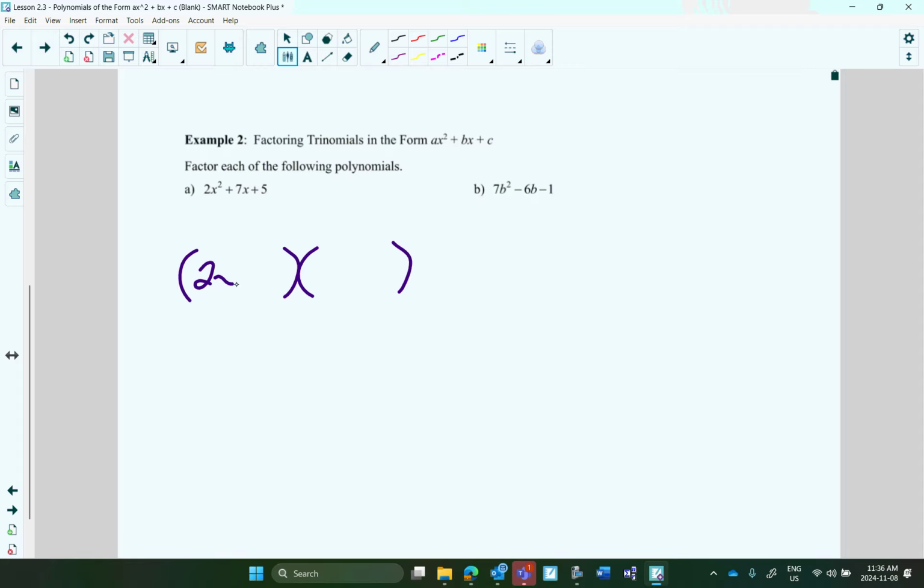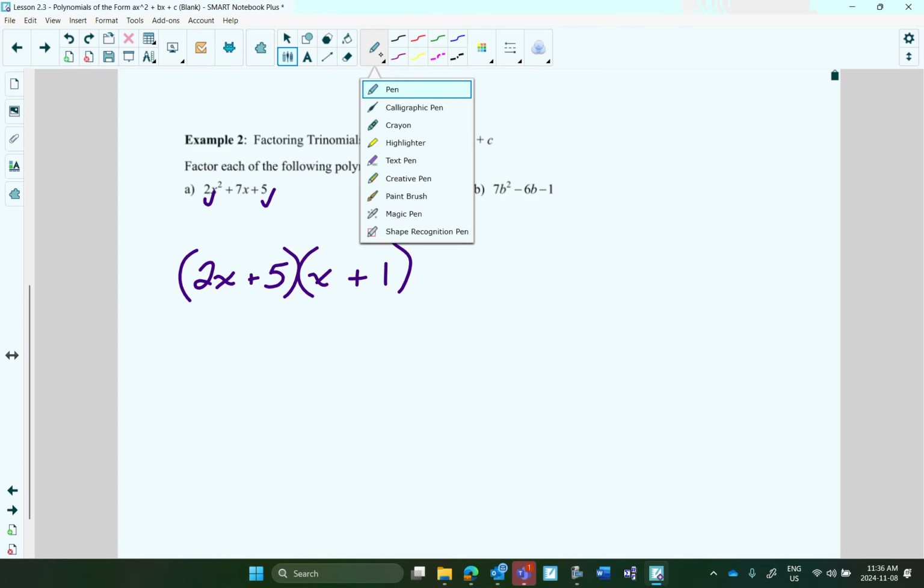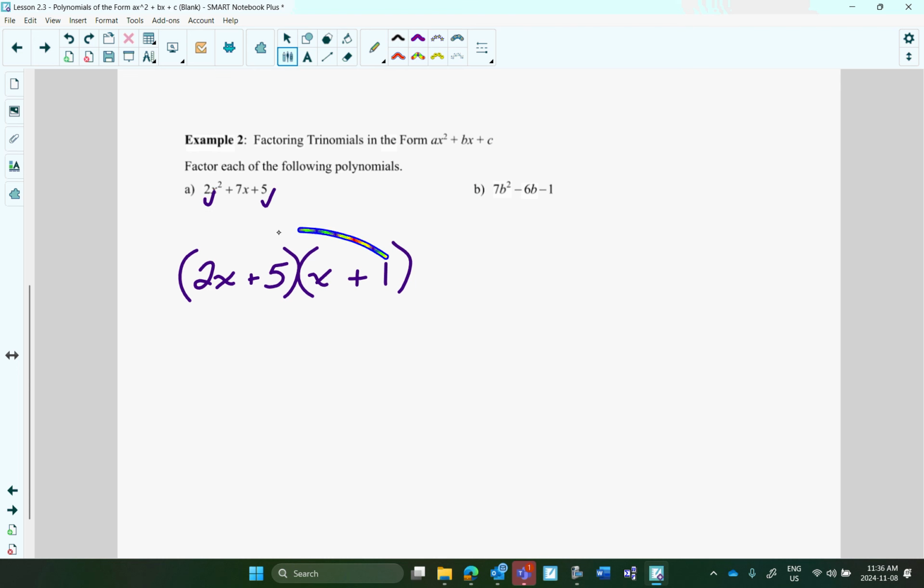Has to be 2x and x and 1x. That's the only possible combination. Two numbers that multiply to get 5. It could be 5 and 1, or it could be 1 and 5. Which one do you want to try? You want to try 5 and 1? I know that works. It's just this I got to check.